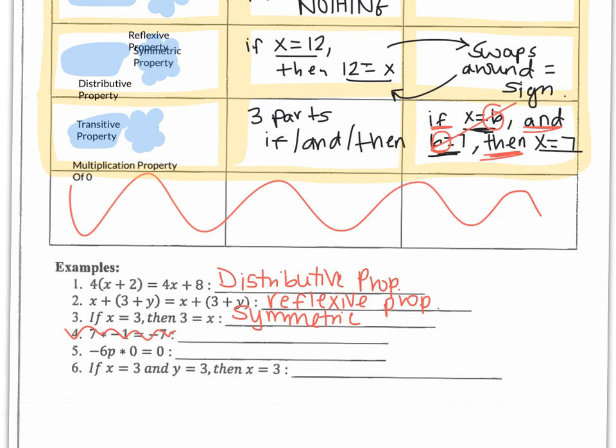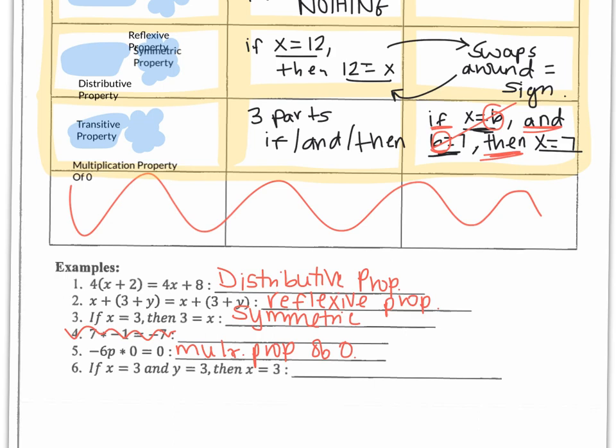Number 5 says negative 6p times 0 equals 0. This is the multiplication property of 0. Number 6 says if x equals 3 and y equals 3. Oh, sorry, that's a typo, but hopefully you figured it out because it had 3 parts.